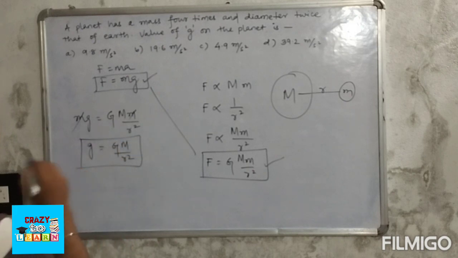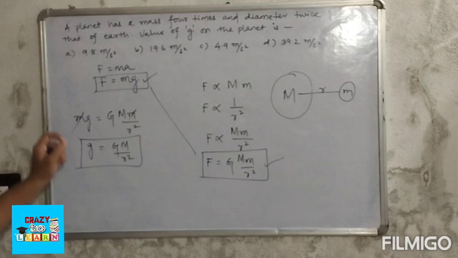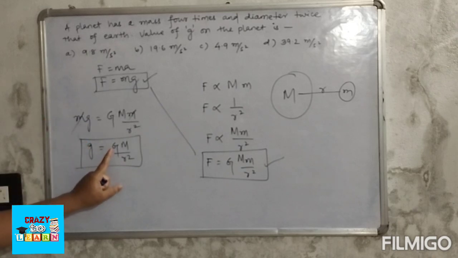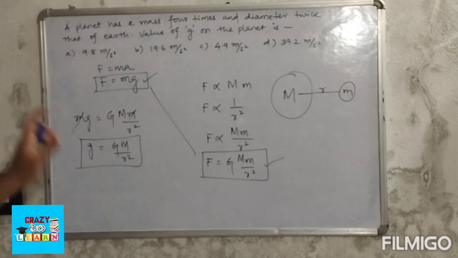So this small g represents the acceleration due to gravity, and it is equal to the universal gravitational constant capital G into the mass of the other object, divided by the square of the distance between the two objects. Are you all clear about the concept?